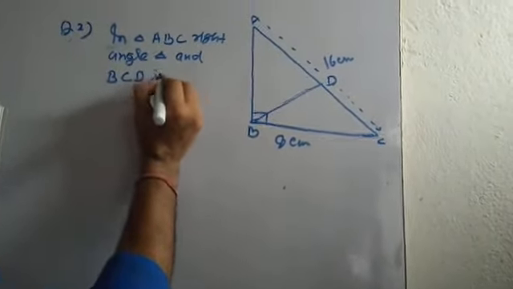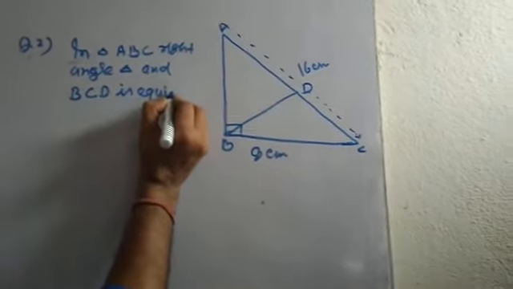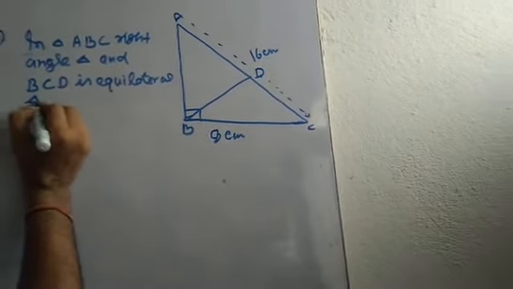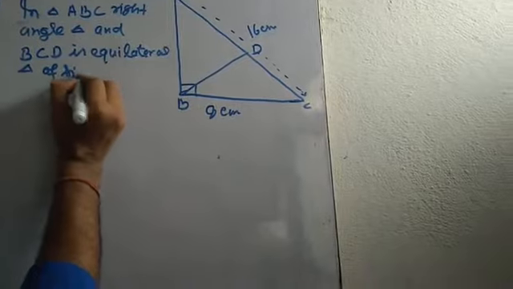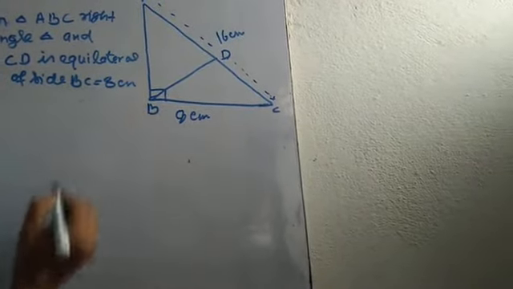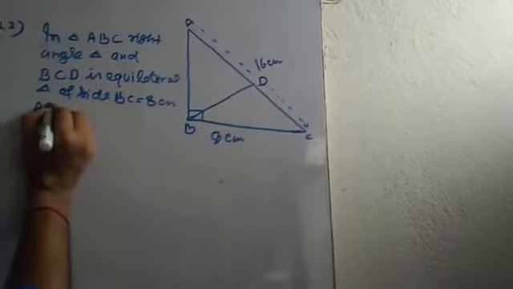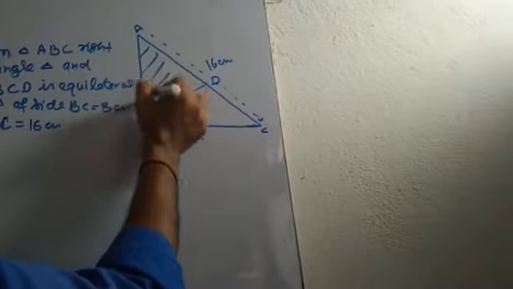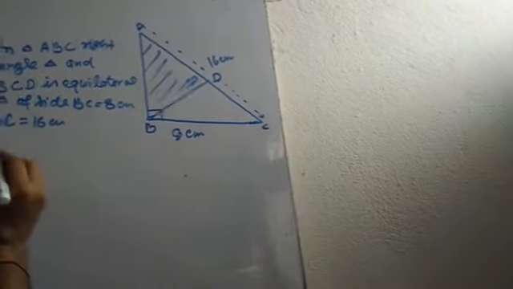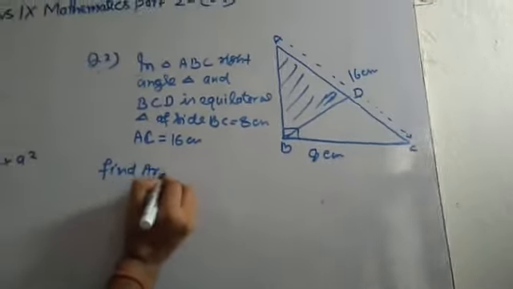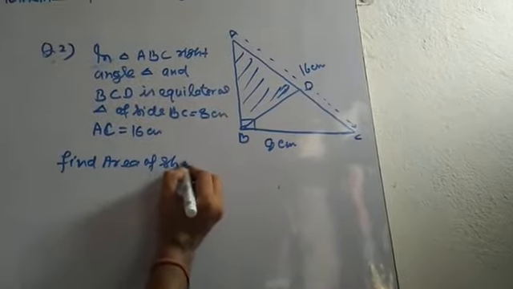BCD is a triangle of side BC equal to 8 centimeter. Given in the figure, AC is equal to 16 centimeter. Find the area of the shaded portion.